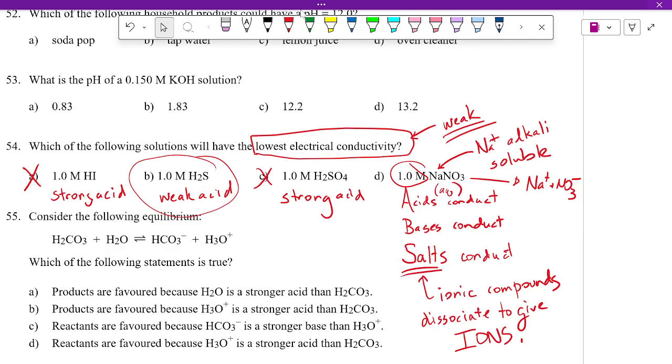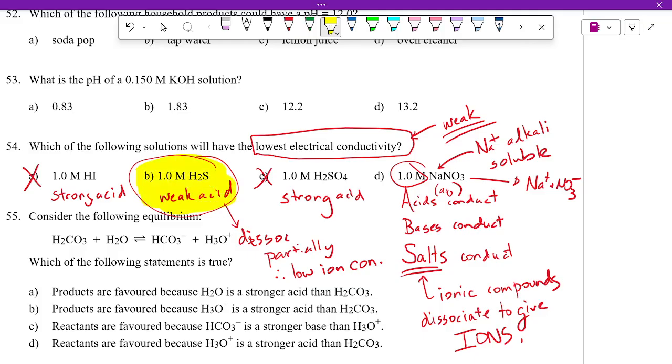We want the lowest electrical conductivity. This dissociates partially. Therefore, low ion concentration. So your answer is that one.